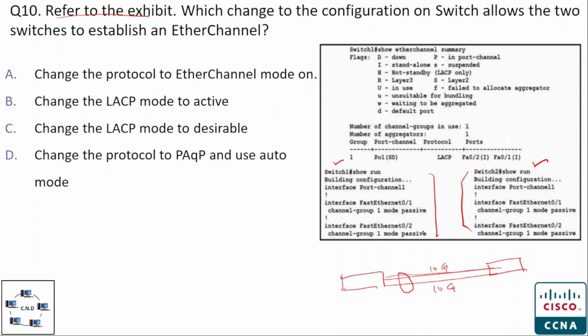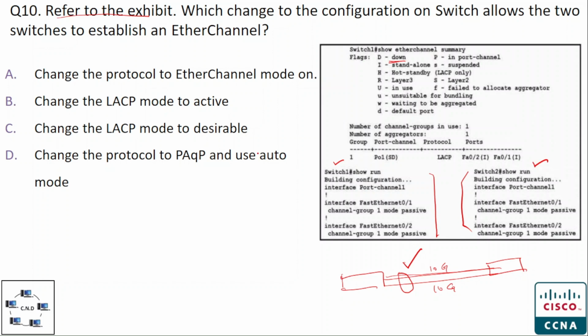So this configuration has some issue. Although the configuration is done on both the switches, the EtherChannel is not up and it is down. So what changes must be done so that the EtherChannel is formed?